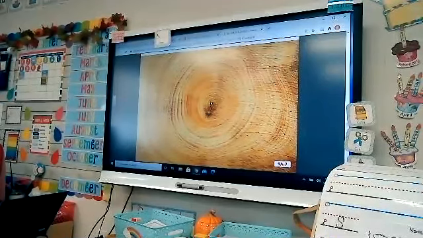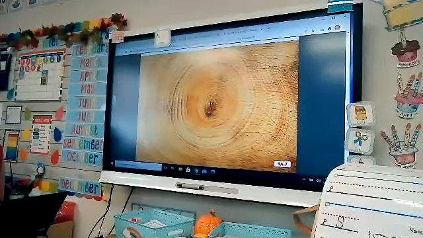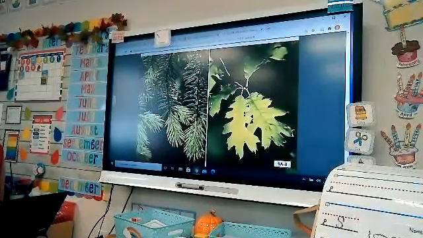Because there's a lot of rings. This tree is a little more than 50 years old, which is actually pretty young for a tree. If it had been cut down, this tree might have lived to 100 or more growth rings. Yeah, trees can live a long time.